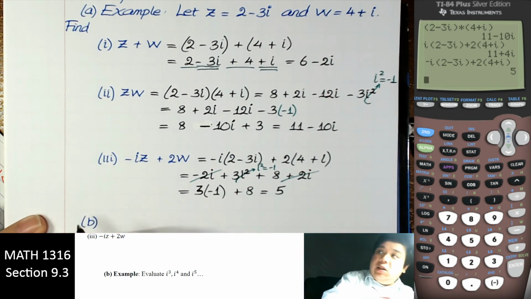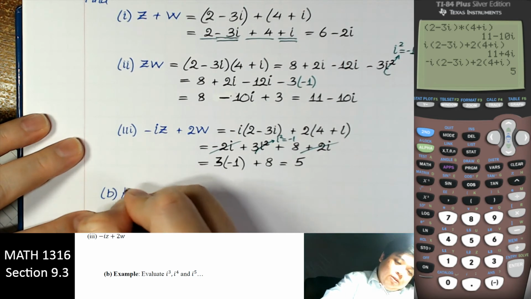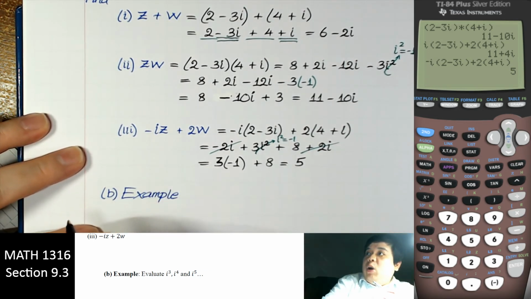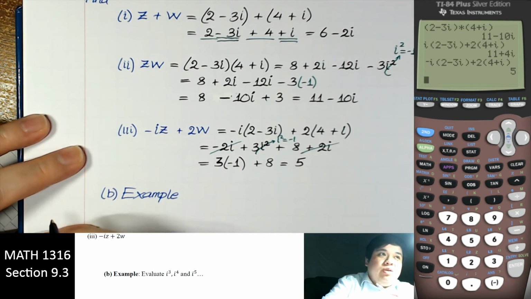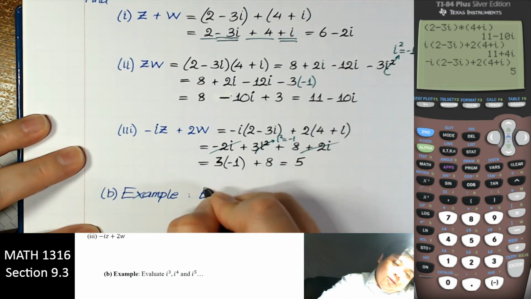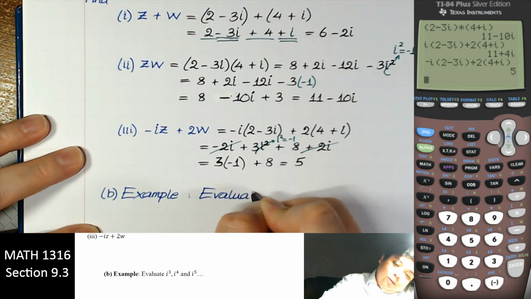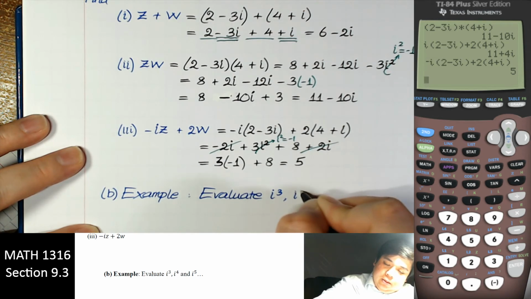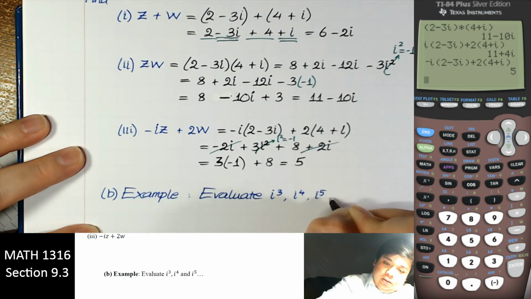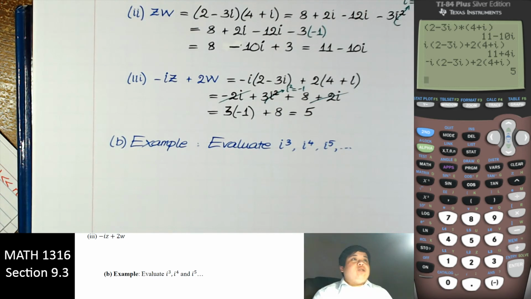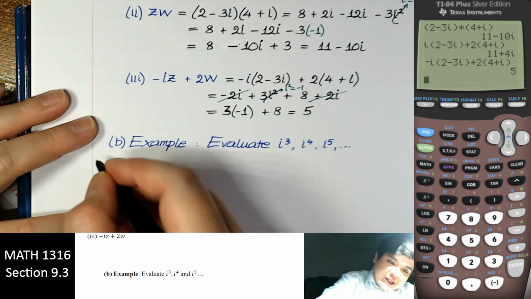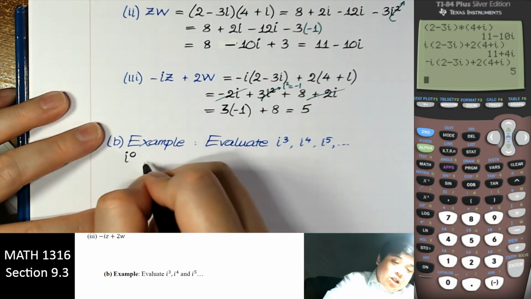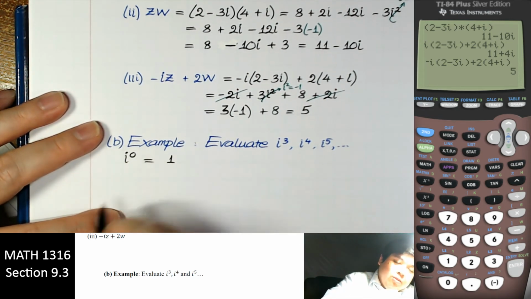B. Example. Evaluate i cubed, i to the 4th, i to the 5th, and so on. Let's just write out what we need. i to the 0 power: anything raised to the 0 power is 1.